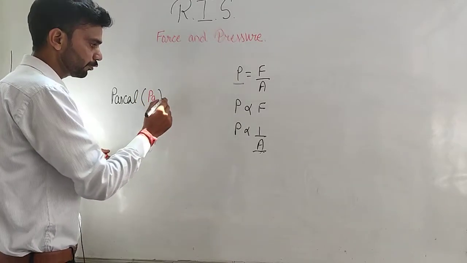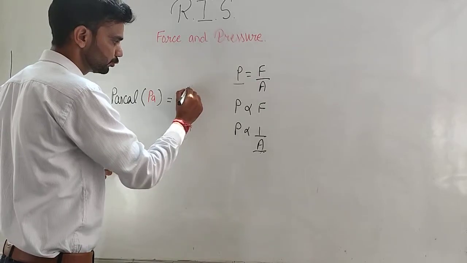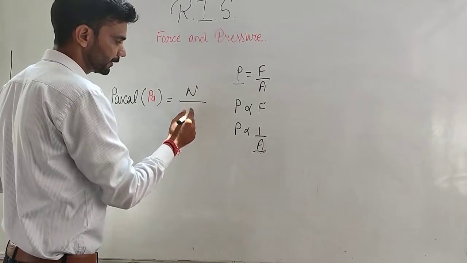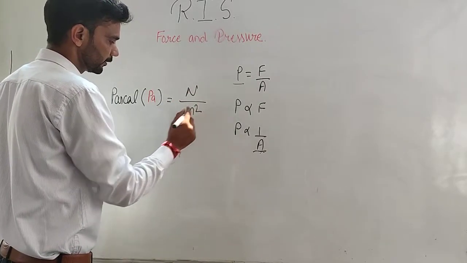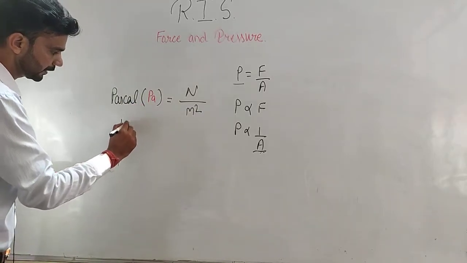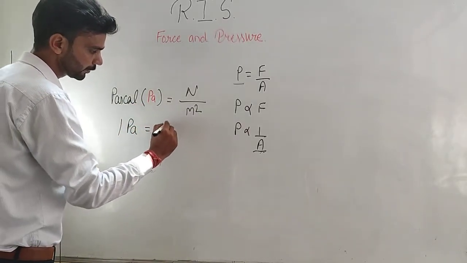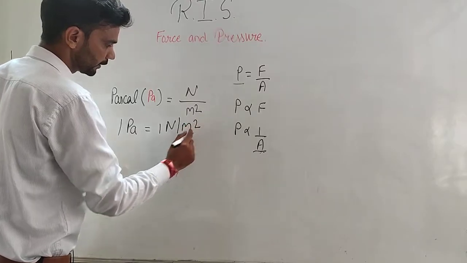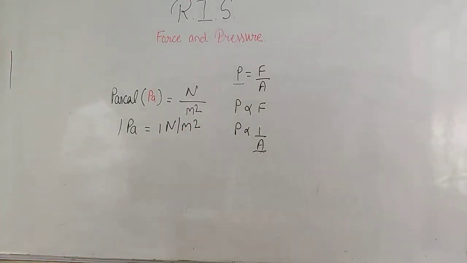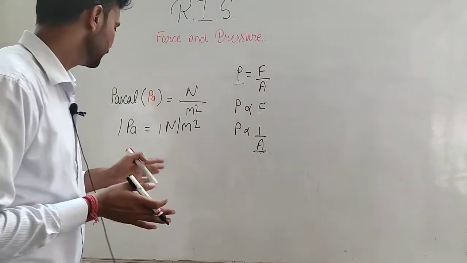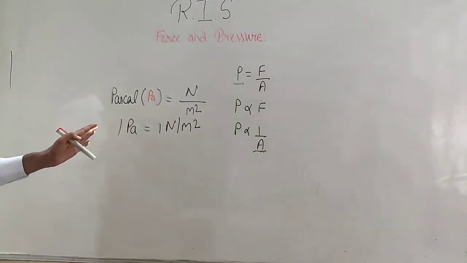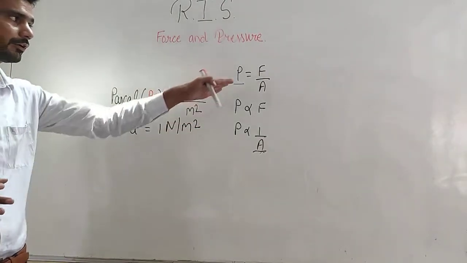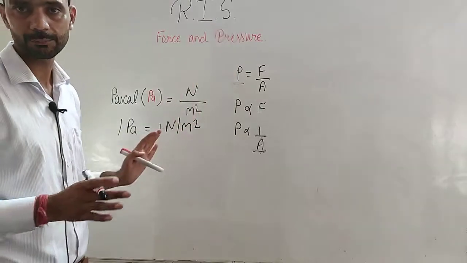And according to the formula, we know the unit of force is Newton and the unit of area is meter square. So we can say that 1 Pascal is equal to 1 Newton per meter square. If we exert a 1 Newton of force on a unit area, then the pressure will be 1 Pascal. By the help of this formula, we can find the pressure.